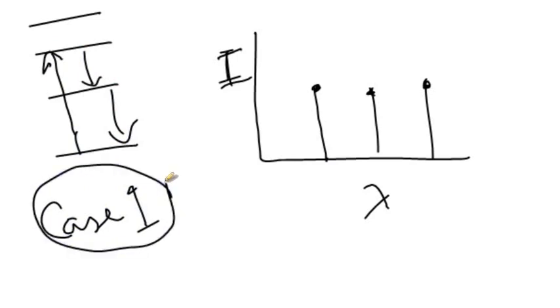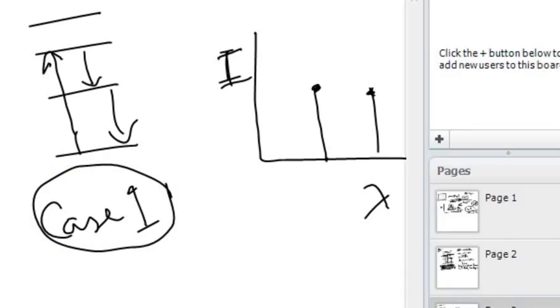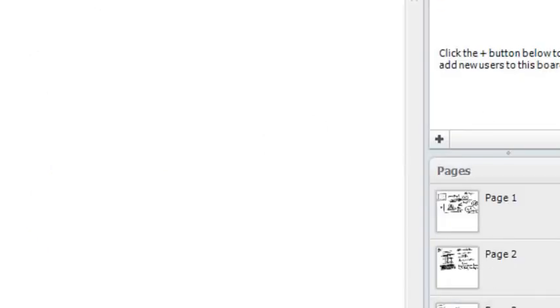Now let me talk about a different scenario. Suppose we have a very bright source, and light from this source is being emitted everywhere. Now suppose it is getting to a place.